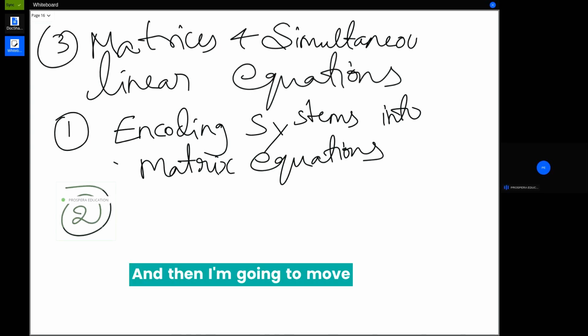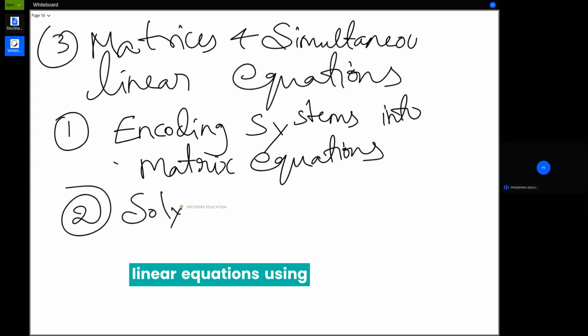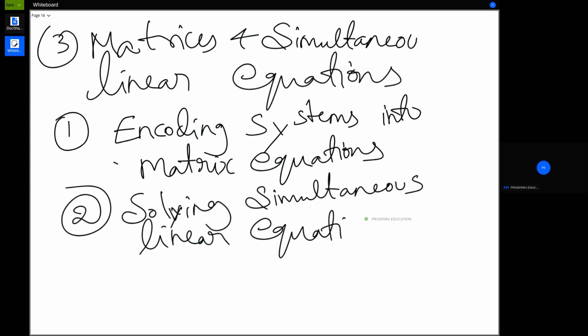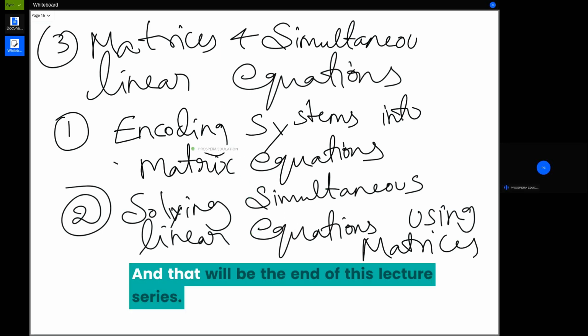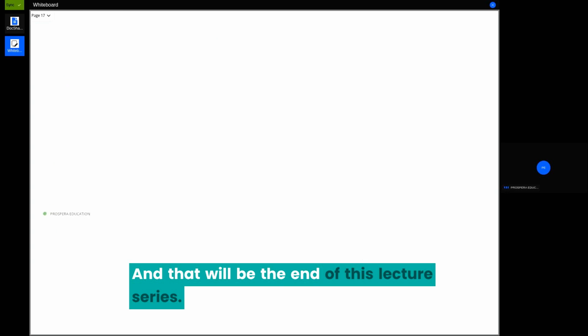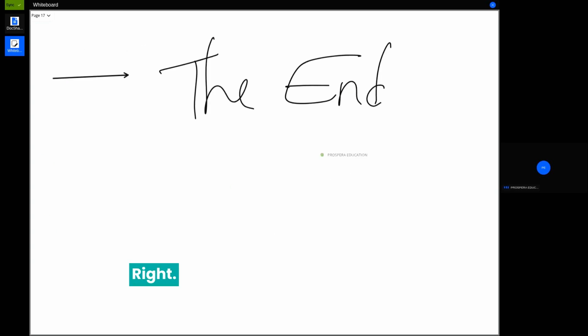And then I'm going to move towards solving simultaneous linear equations using matrices. So after that, we're going to talk about some systems of linear equations and matrices and their applications in economics. And that will be the end of this lecture series.